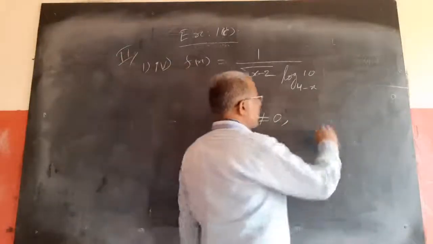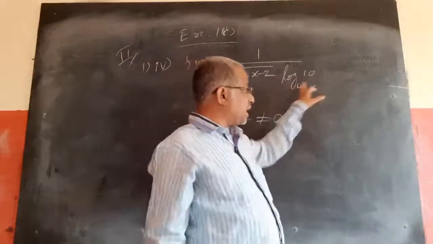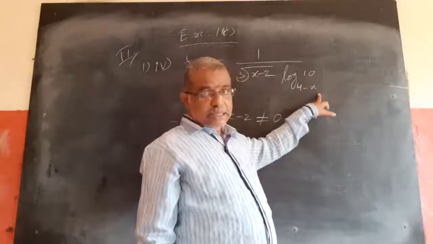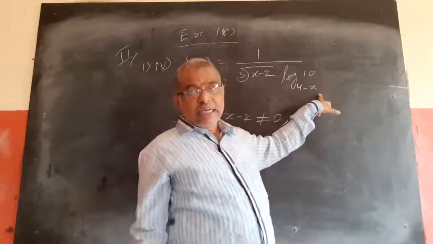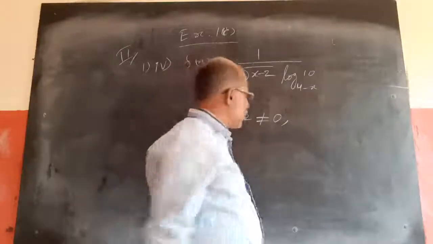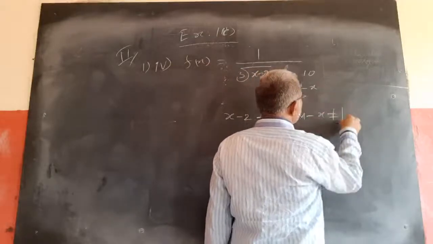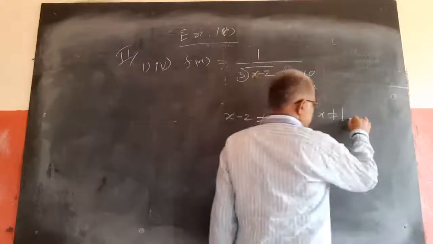Second thing, this is log 10 by log (4 minus x). If 4 minus x is 1, then log 1 is 0 and the denominator is 0, undefined. So 4 minus x not equal to 1. This is the second thing.